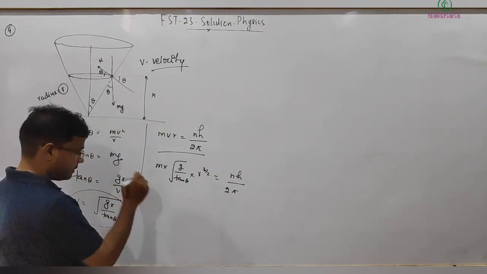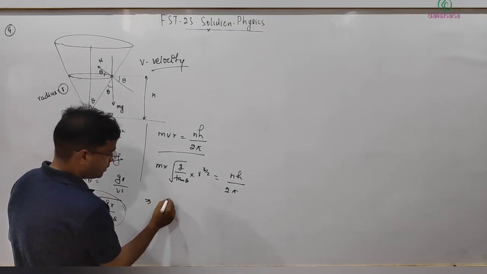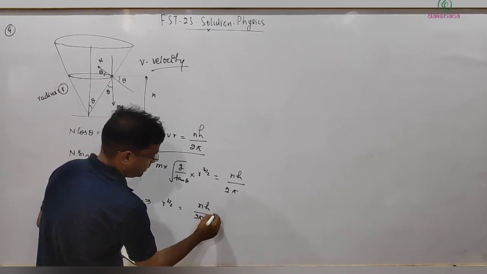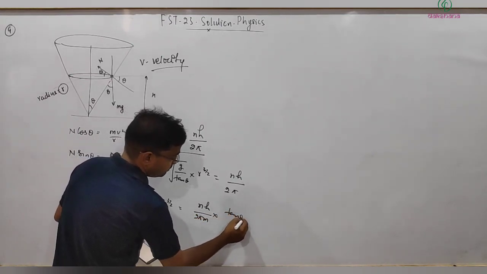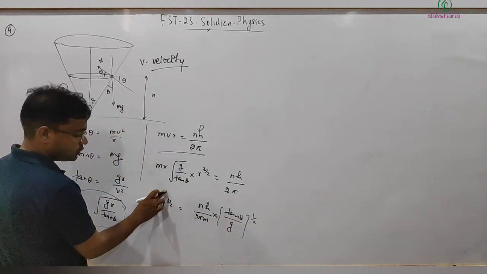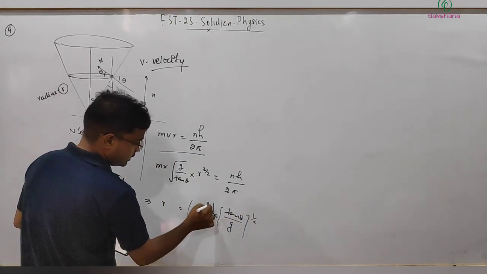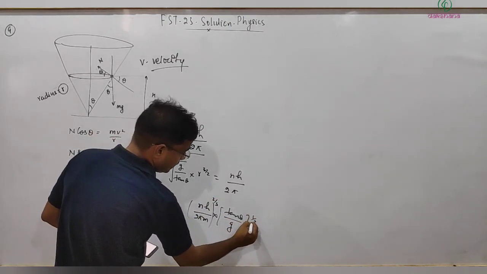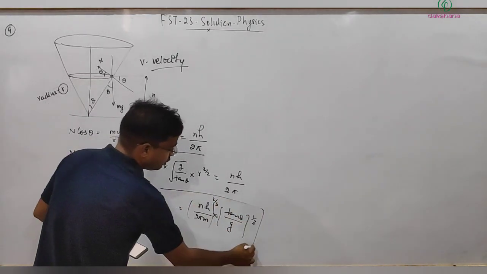This implies r to the power 3 by 2 is equal to nh divided by 2 pi m into tan theta divided by g. So power 3 by 2, making it 2 by 3 here, and here it will be 1 by 3. So we got the value of r.